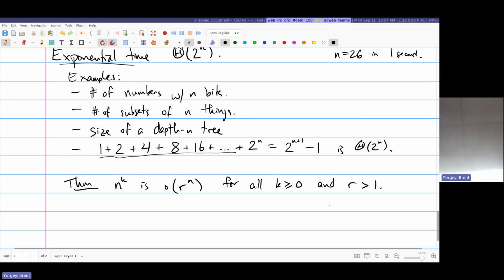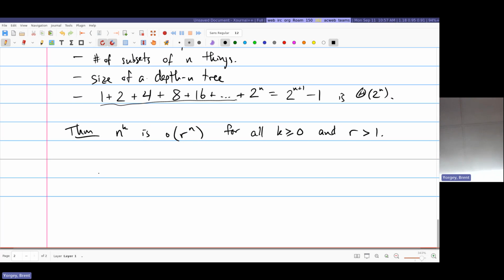So here's log n, n, n squared, n cubed, n to the 4th, dot dot dot, n to the 200, and there's this insurmountable gulf. And then we have 1.0001 to the n, 1.1 to the n, 2 to the n, 3 to the n, dot dot dot.